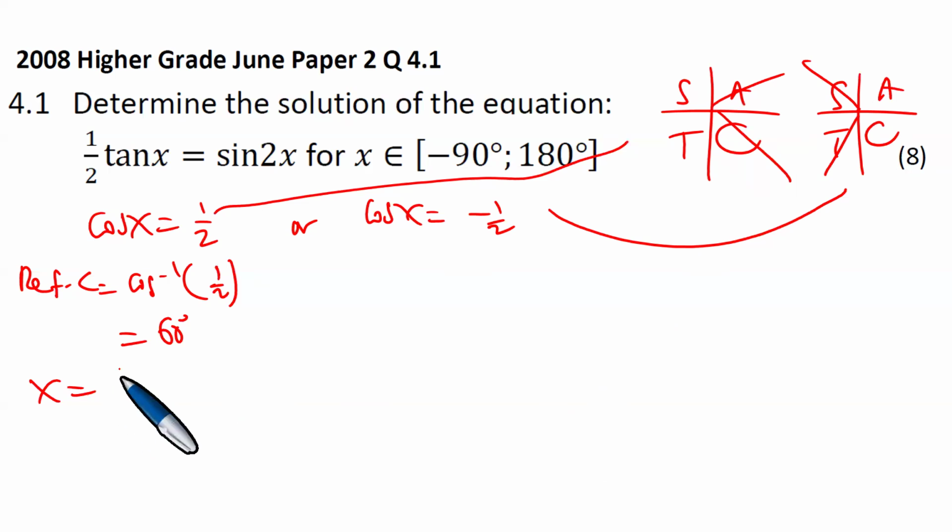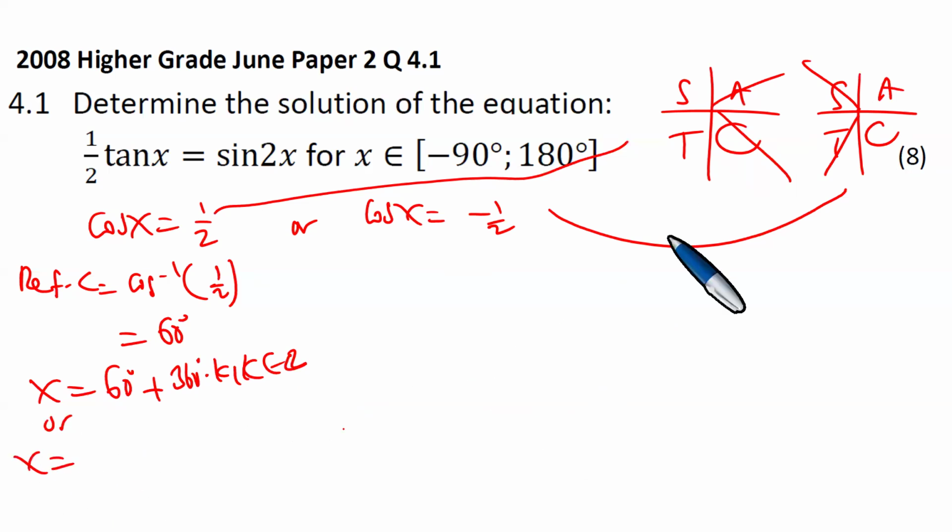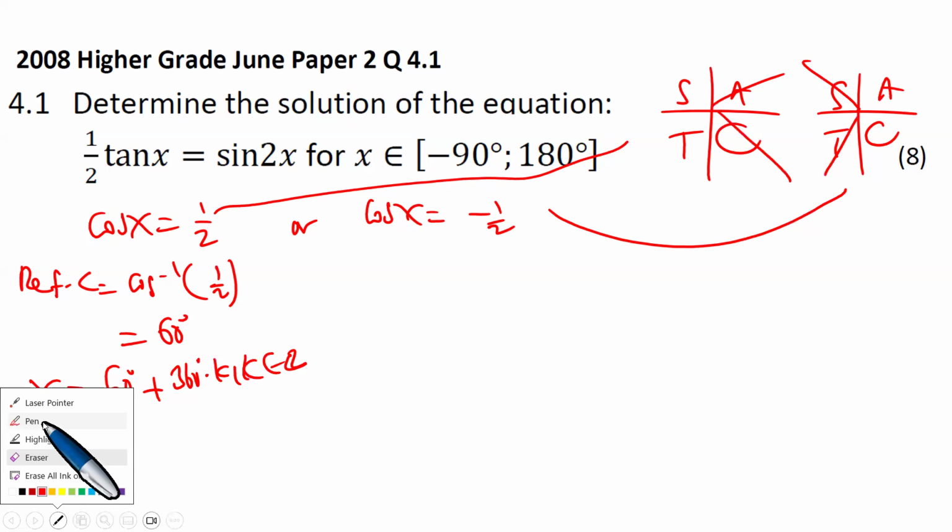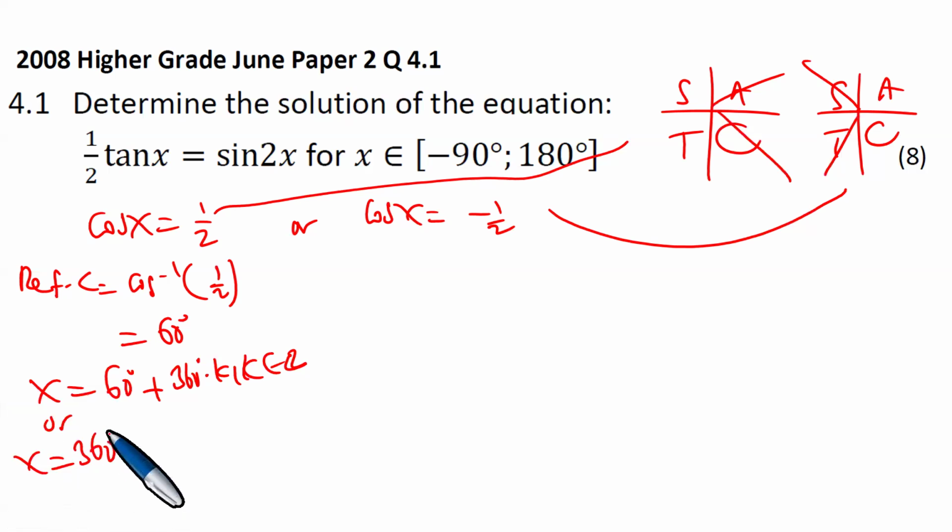In the first, you're going to have exactly 60 degrees plus the period, which is 360 degrees by k in z. Or you can have the other one, 360 degrees minus 60 degrees plus 360 degrees by k in z. 360 minus 60 is 300.